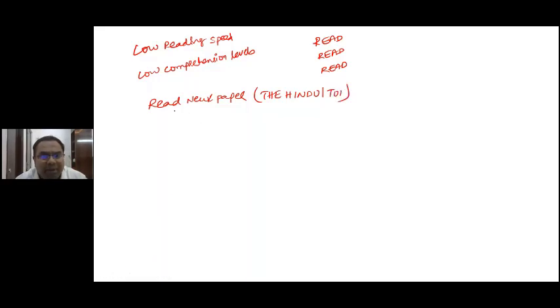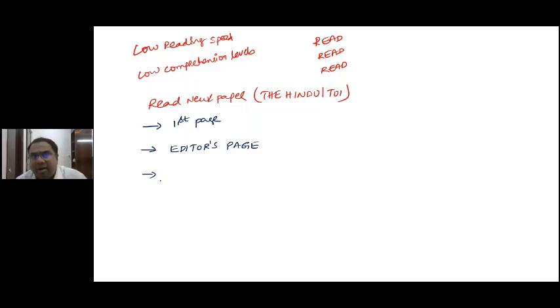Now, what should I read? The first page of the newspaper, which talks about the happenings in the country, in the world, in science and technology, the latest happenings. Then there is a page called the editorial page. Read that page.